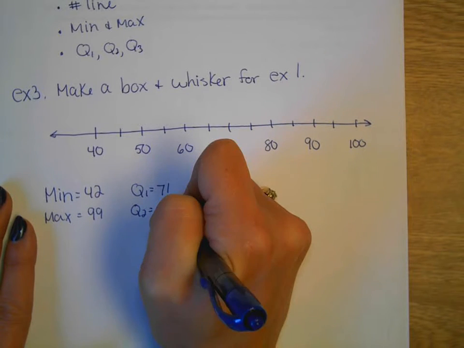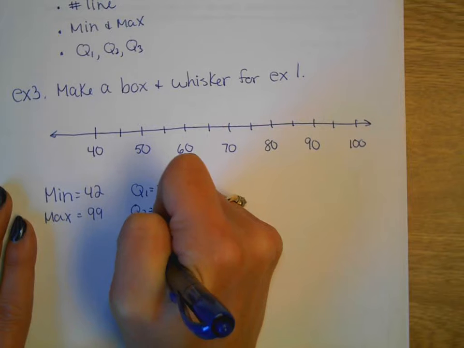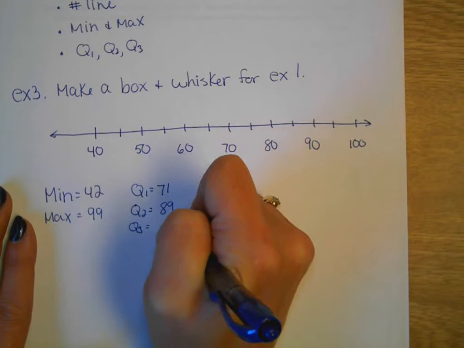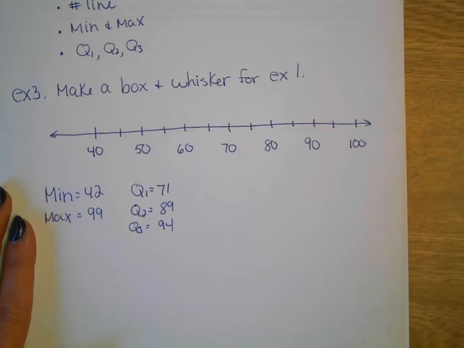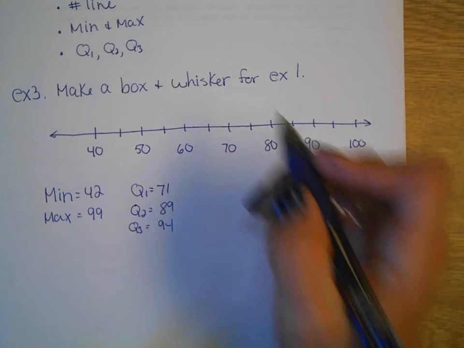Q2 was 89, and Q3 was 94. So put a dot above your number line at those 5 values.